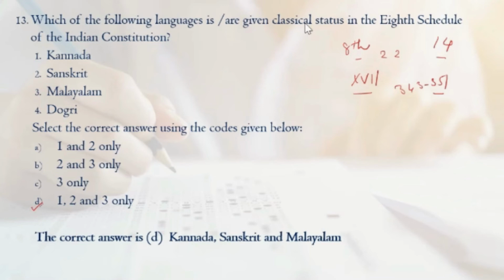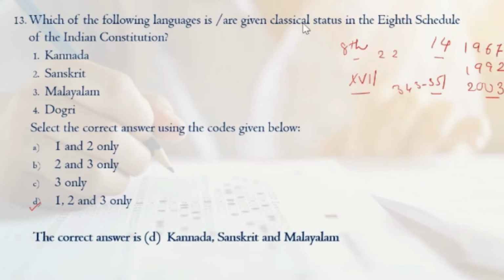Subsequently, Sindhi was added in 1967, Konkani, Manipuri, and Nepali were added in 1992, and Bodo, Dogri, Maithili, and Santali were added in 2003. Currently, 6 languages enjoy the classical status: Tamil, Sanskrit, Kannada, Telugu, Malayalam, and Odia.